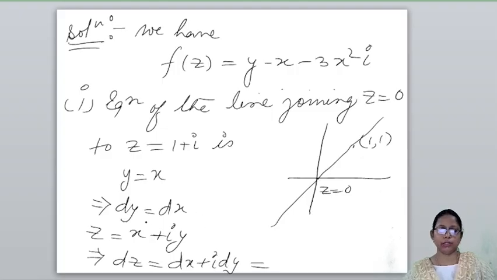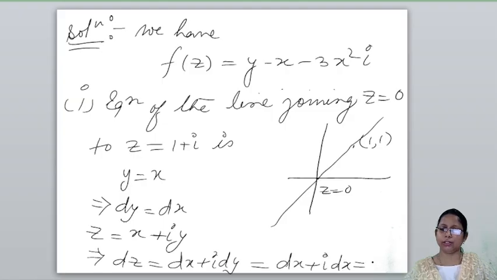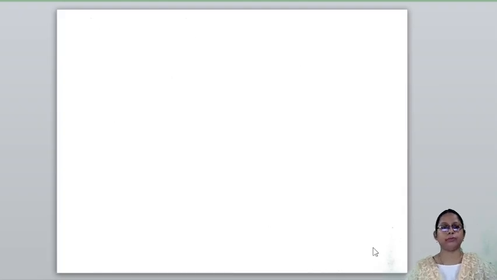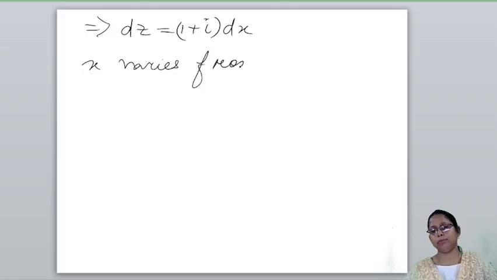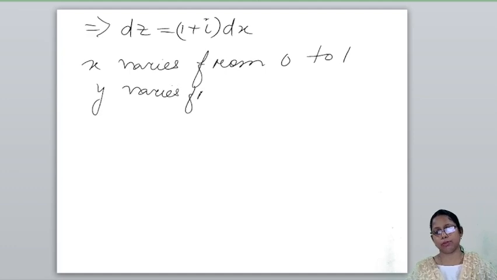Since dy is equal to dx, dz is equal to 1 plus i dx. X varies from 0 to 1.